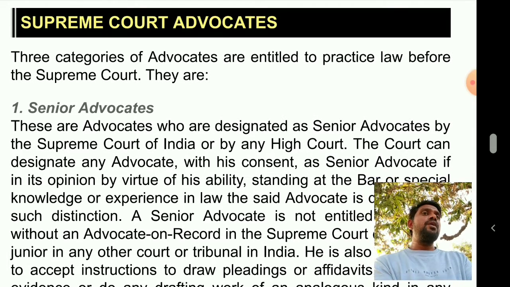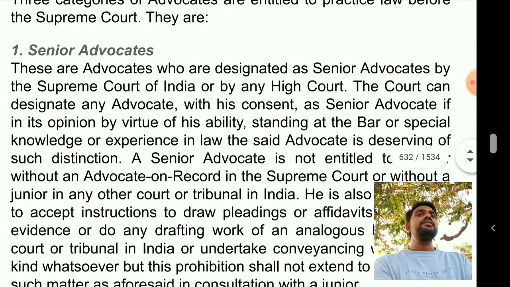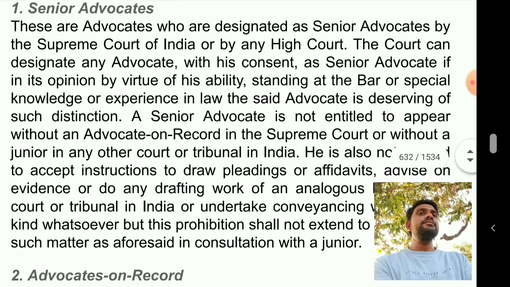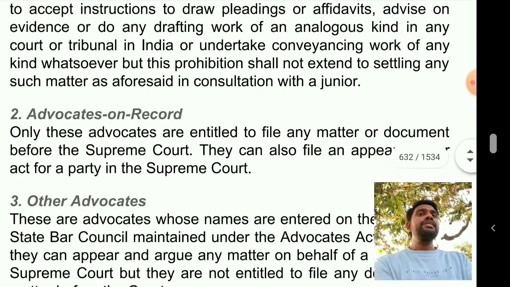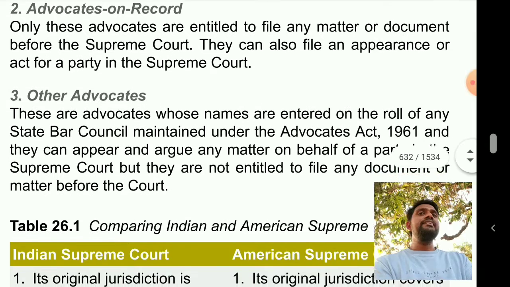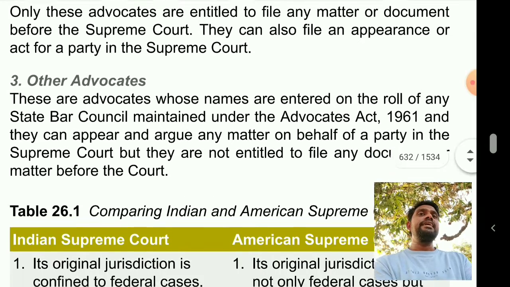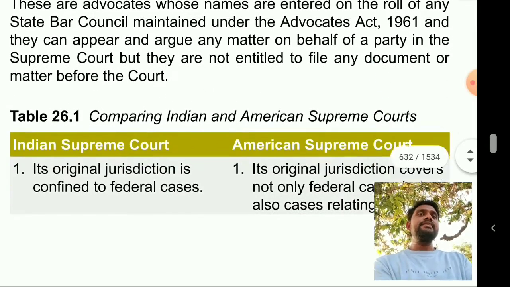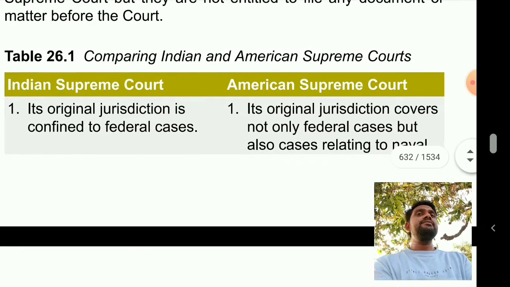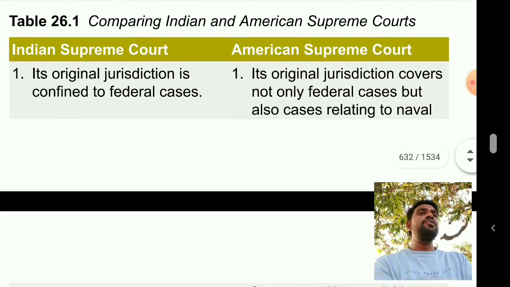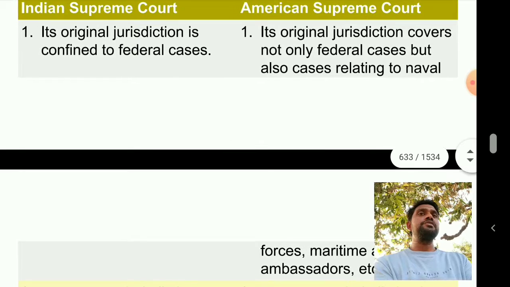Next is Supreme Court advocates. Three categories of advocates are entitled to practice law before the Supreme Court. They are: number 1, senior advocates; number 2, advocates on record; and number 3, other advocates. Next is comparison between Indian Supreme Court and American Supreme Court.